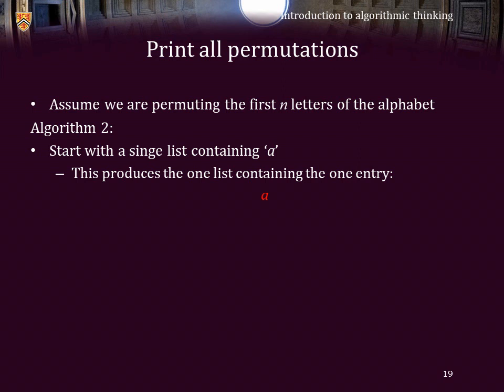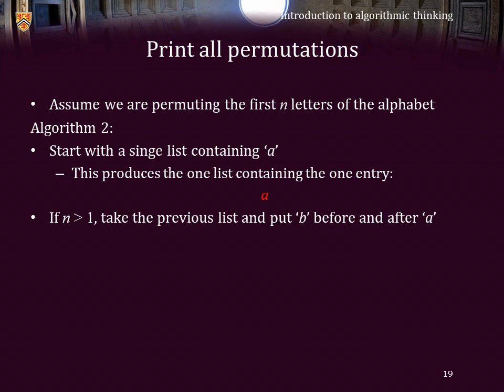Start with a single list containing the letter A. There's only one permutation of one object, and that is our one permutation. If n is greater than 1, take the previous list and put B first before and then after it. Okay, so this produces both permutations of 2 letters.